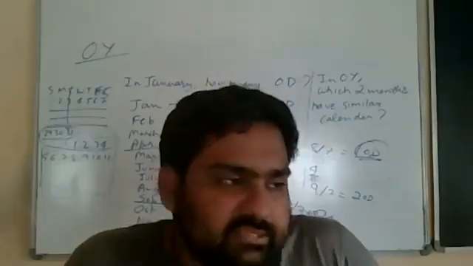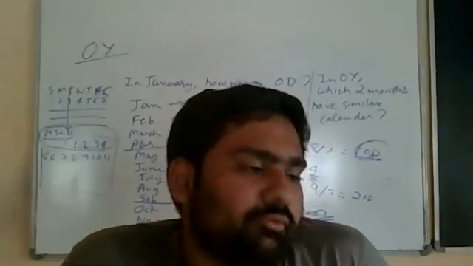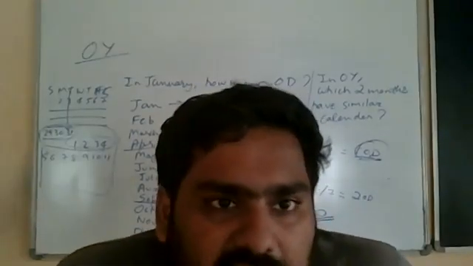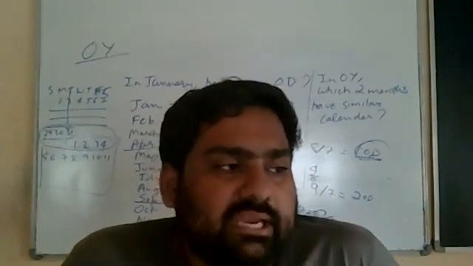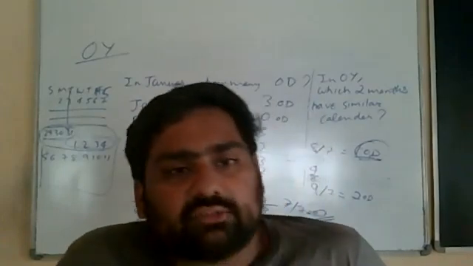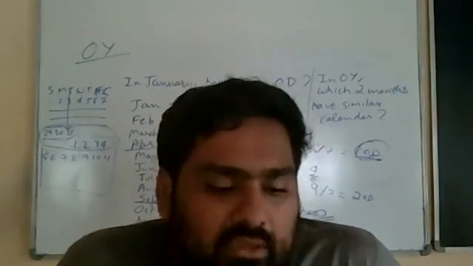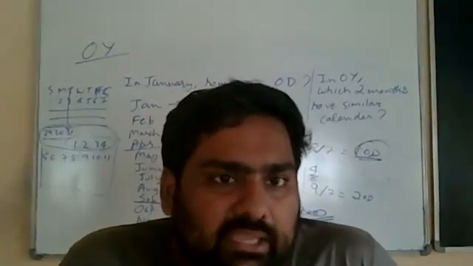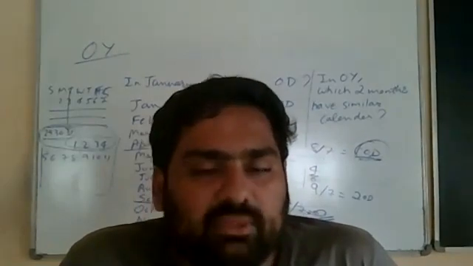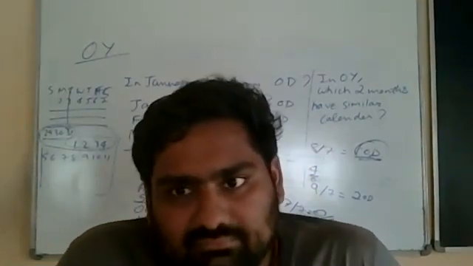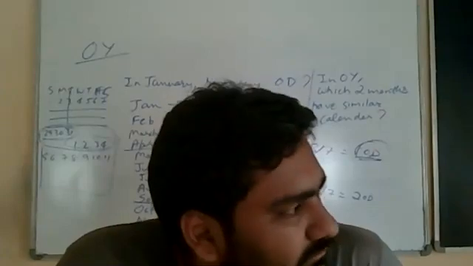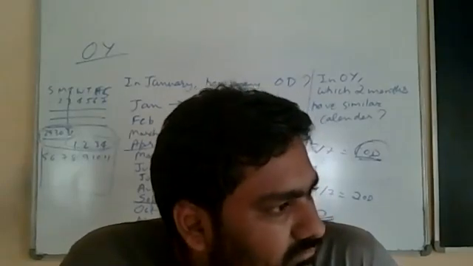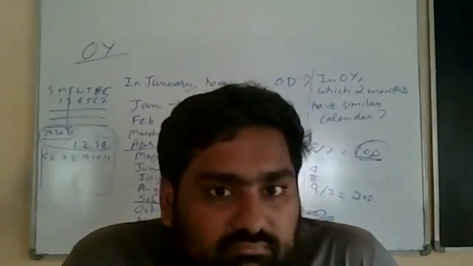My question is, if I give you the calendar of 2019, and I erase all the month titles and all the holiday names, and I just give you the plain calendar, will you be able to tell me which is January and which is October? Because both will look alike. Yes or no? Yes, sir.